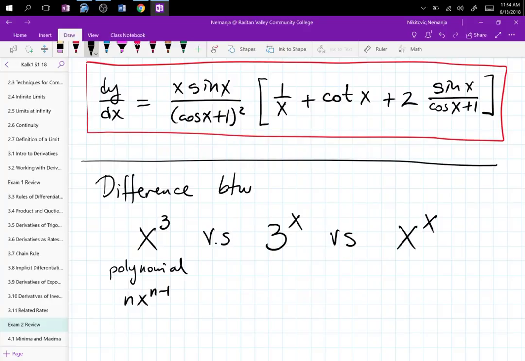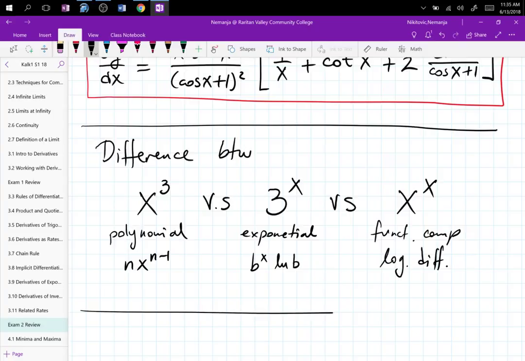The next one is the exponential, and that one will be using good old b to the x ln b, because there's a 3 there. And then the last one is function composition. Now we really can't use the chain rule on this one. We use log differentiation to deal with it.